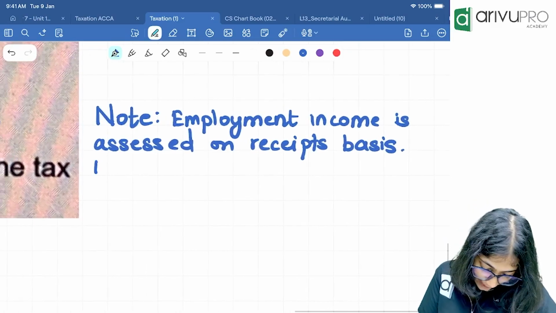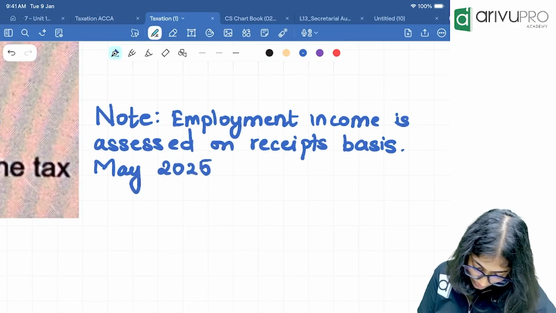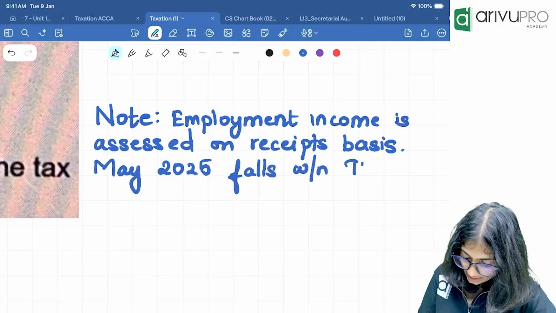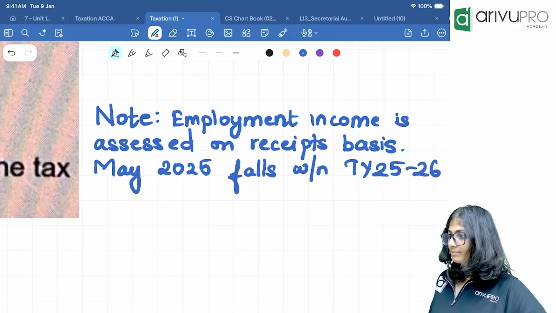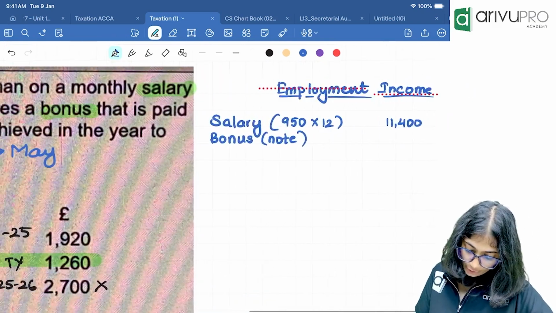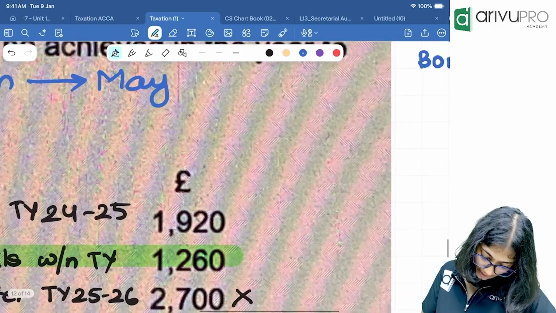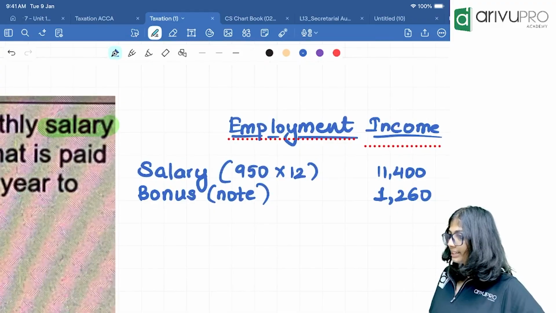Alright, May 2025 falls within tax year of 25-26. So we have to take the May 2025 amount of how much? 1260. Is that clear?